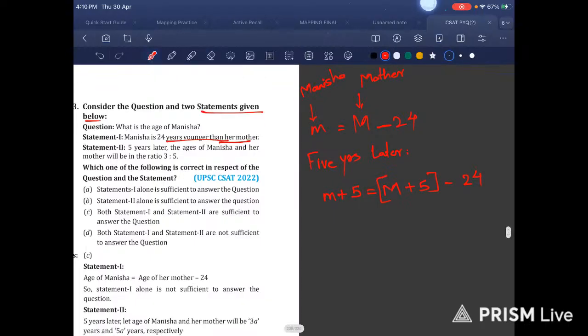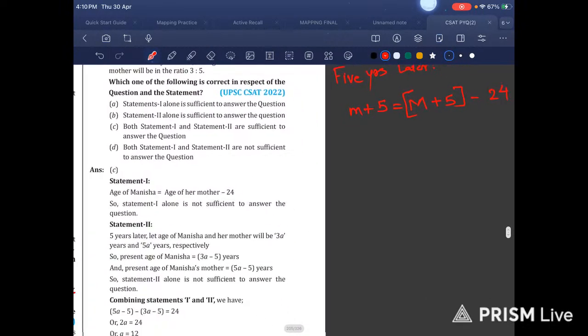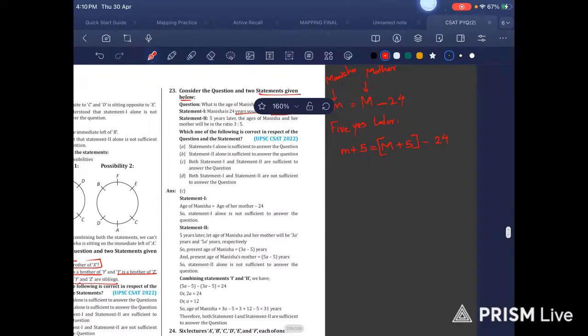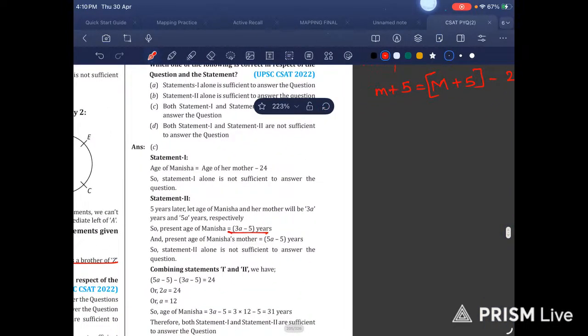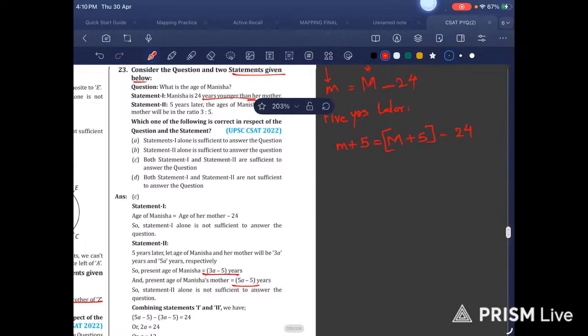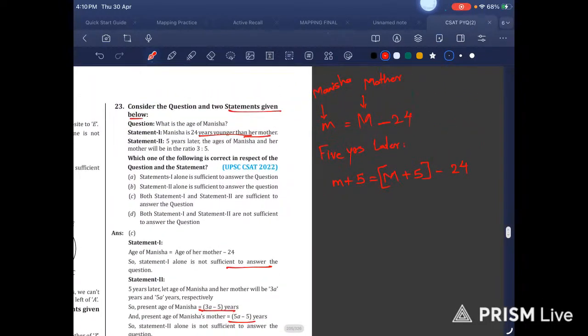Minus 24, so it becomes, what have they given? Present age of Manisha is not sufficient to answer. So statement 1 alone is not sufficient to answer our question.